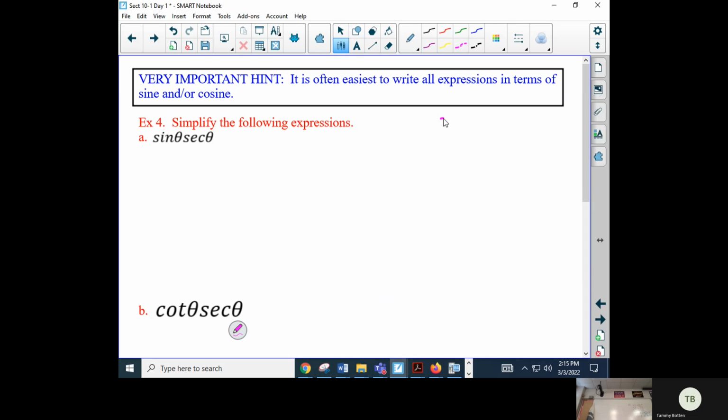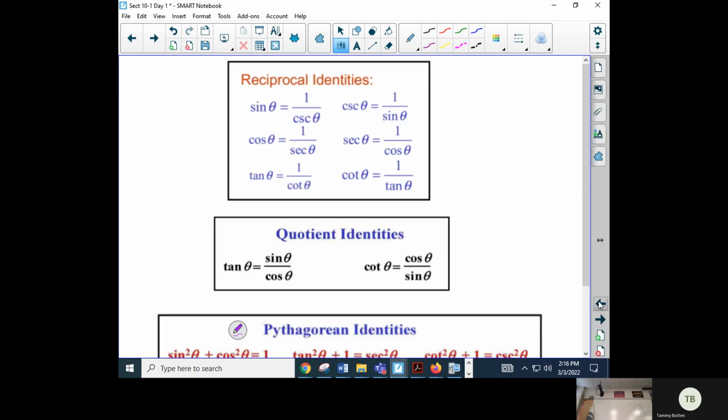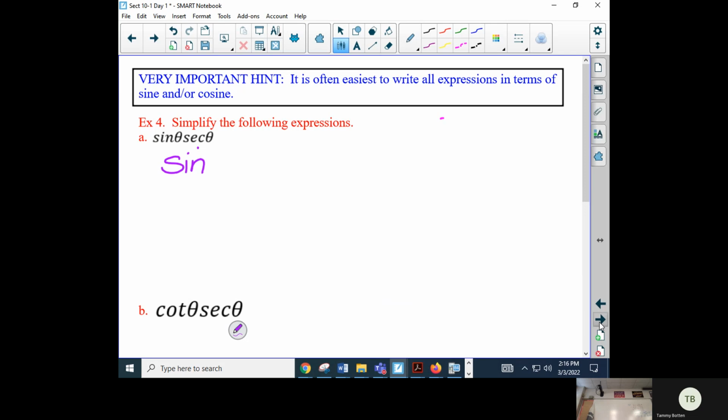So if I look at this one here, this is already sine. And again, that theta, you don't have to bring that down. You can ignore that. Now, secant, can I write that in terms of sine or cosine? What is secant? Isn't it 1 over cosine? Okay. So what I'm going to write that as is 1 over cosine.